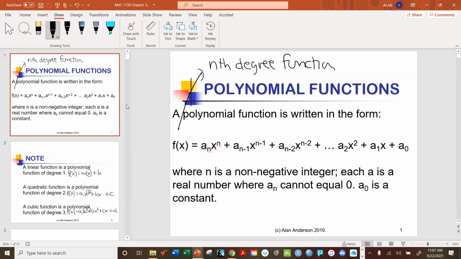And when we get up into this area, these are all referred to as polynomials. Technically, a linear function is a polynomial, but we usually reserve it for the higher order ones. So we've got a coefficient and an exponent of n. Then we go to the next lower one, n minus 1. We always write these in descending order of exponents, so that when we get to the end, we have a constant.